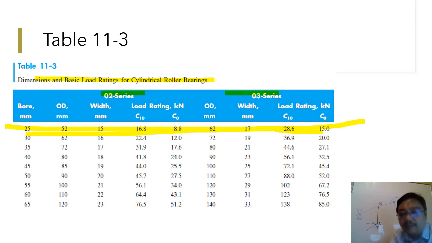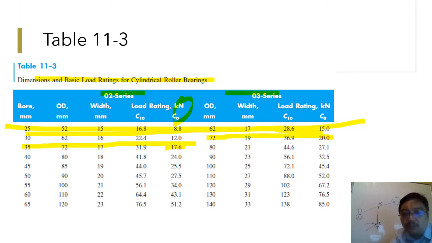Given like in the previous example, you get the answer 16 kilonewton. C0 here is 16, and then you get 17. Meaning that you have to choose this one, around 35, this one 17, or you may choose 03 series.